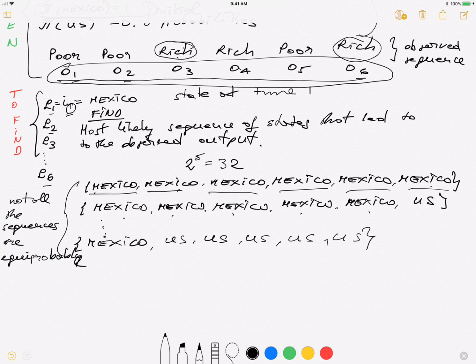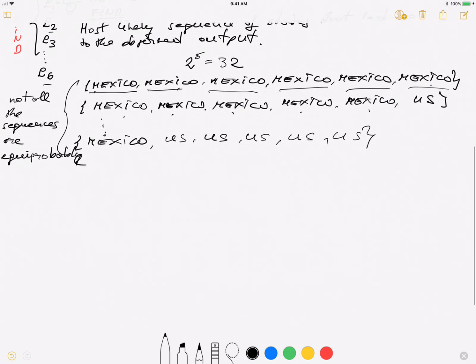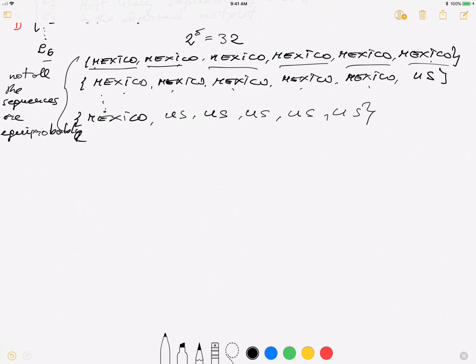So how are we going to do that? In fact, I need to introduce a couple more symbols, simply to simplify the description of the algorithm.